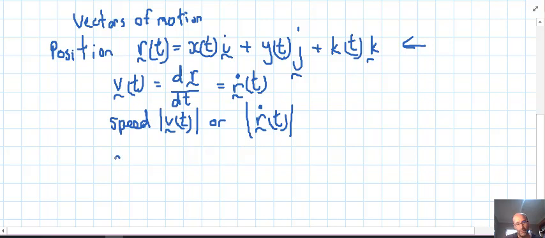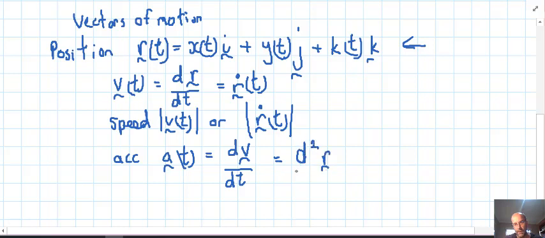Acceleration, we call that a of t, and it is the derivative of v with respect to t, or you could say it's the second derivative of r with respect to t.